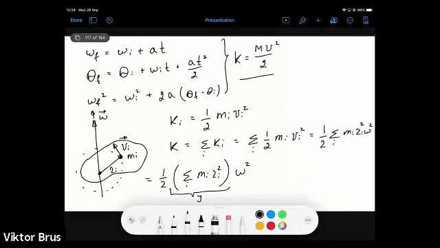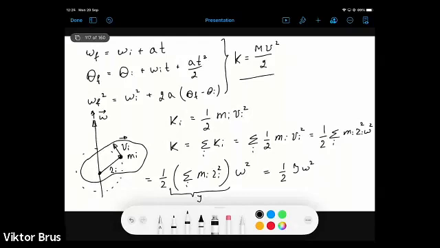So in this case, we can write that the total kinetic energy of the rigid rotating body will be equal to 1/2 times I times omega squared.